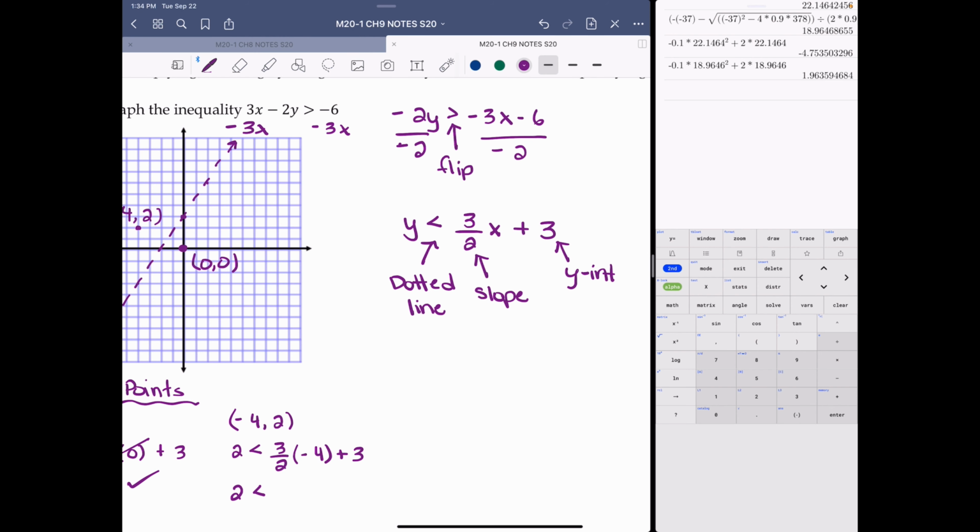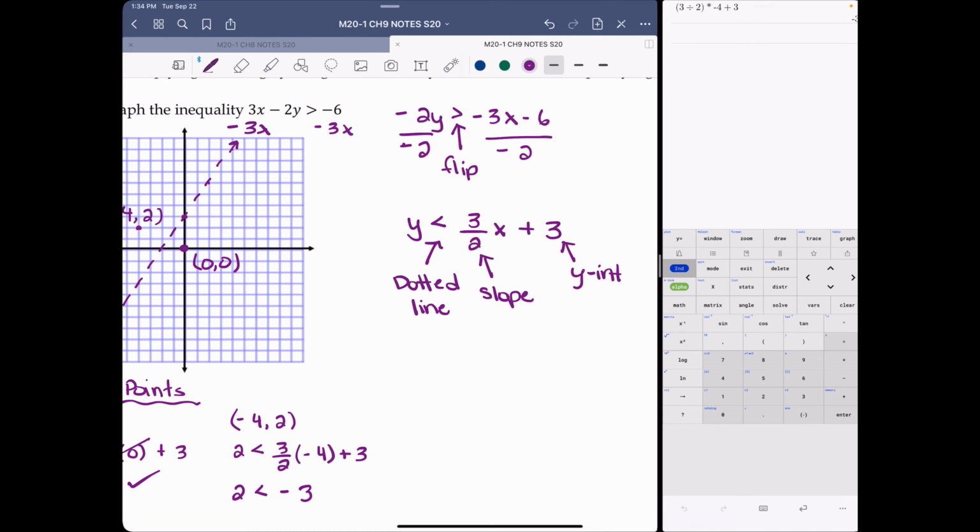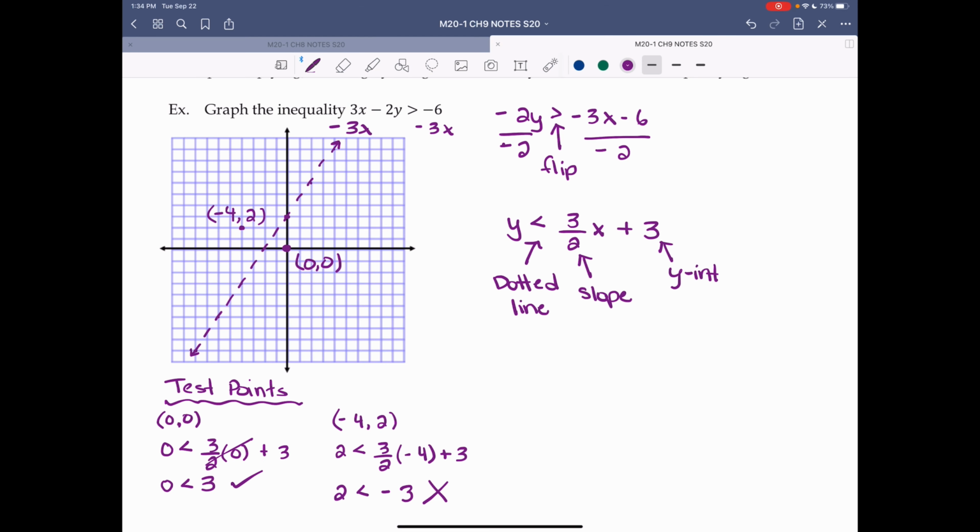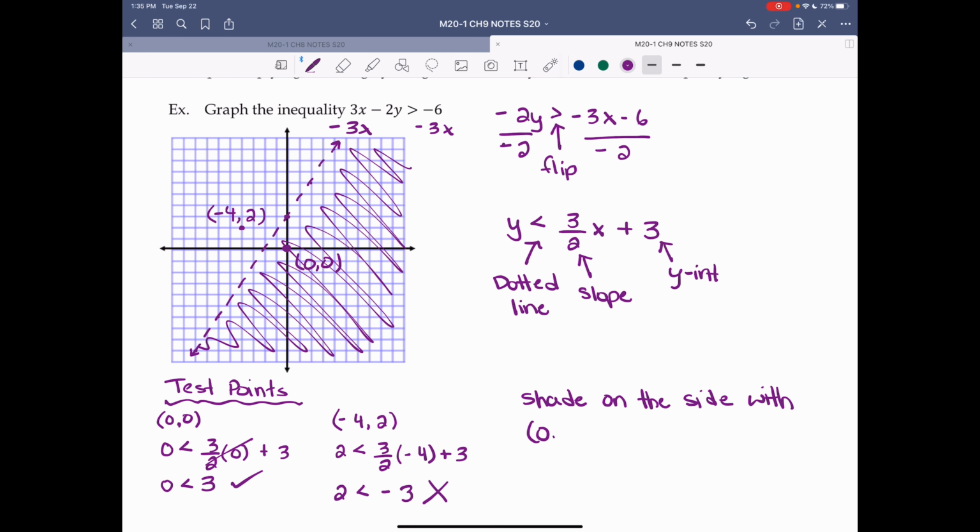We have 3 divided by 2 times -4 plus 3. We get -3. So is 2 less than -3? No, it is not. So again, we see that we should shade this side. So the solutions to this inequality is any point that is on the shaded side. Shade on the side with 0, 0.